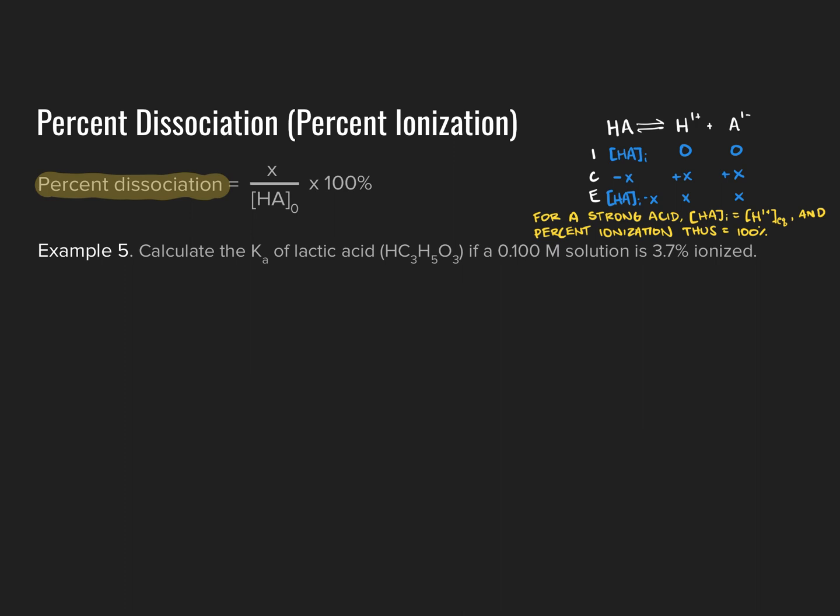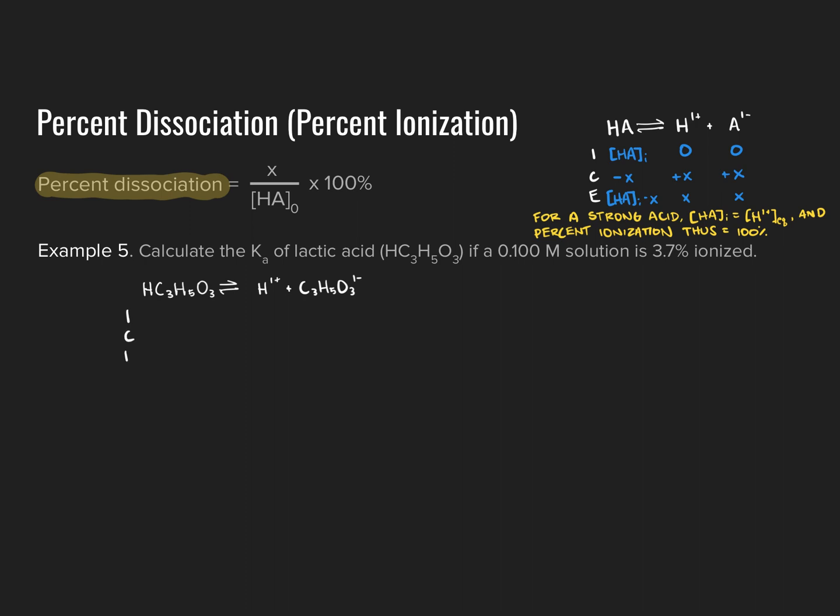And as a starting point, we're going to do the things that we already know how to do for these problems, which is to set up an equation showing the dissociation of that molecular acid into its component ions. That would be H+ and the lactate ion, C3H5O3-. And down below that, we can now also set up an ICE table.